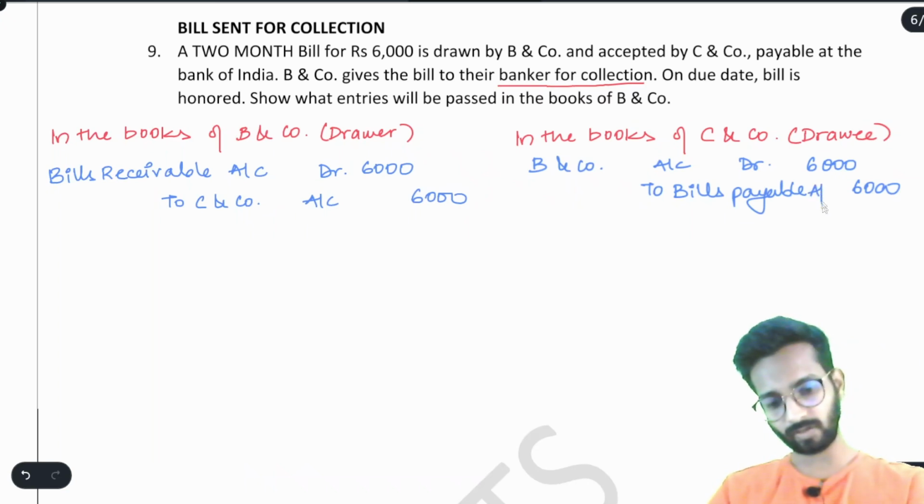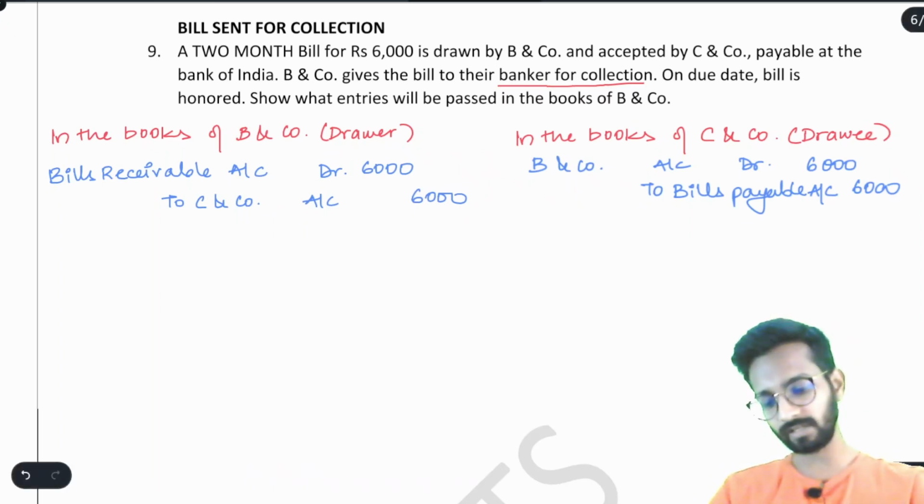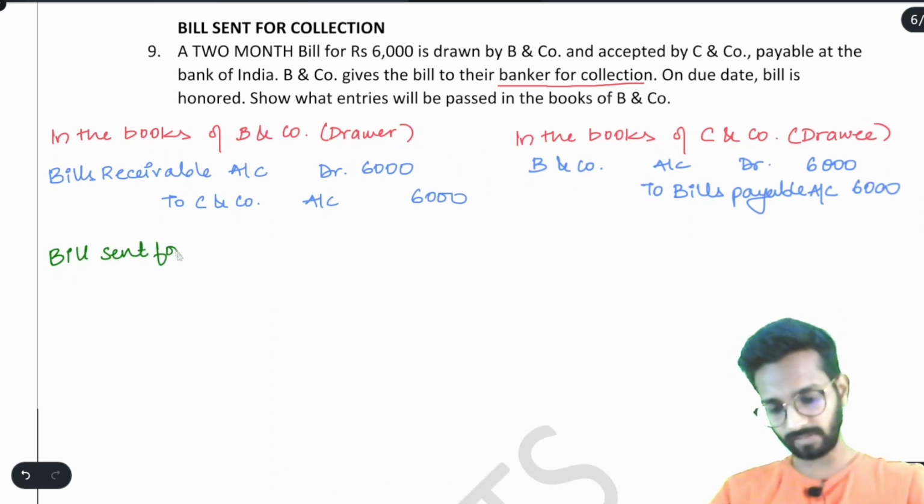Very simple. Now what happens after this? What did B and Co. do? He sent the bill for collection. If he has sent the bill for collection, what will he write? He will write, very simple, bill sent for collection.